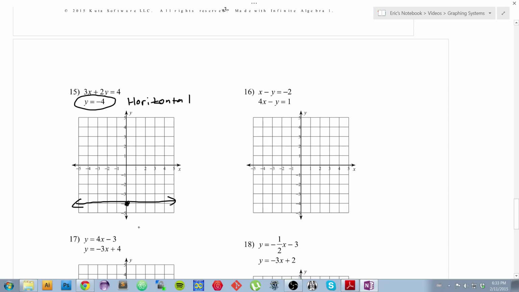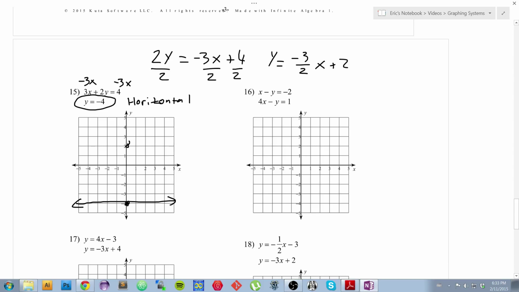Again, we can see that one of our equations isn't ready to graph, in particular this top one. So what I need to do is move my x's over to the other side, leaving me with 2y equals negative 3x plus 4, and again I must divide by 2, giving me that my final graphable equation would be negative 3 over 2x plus 2.